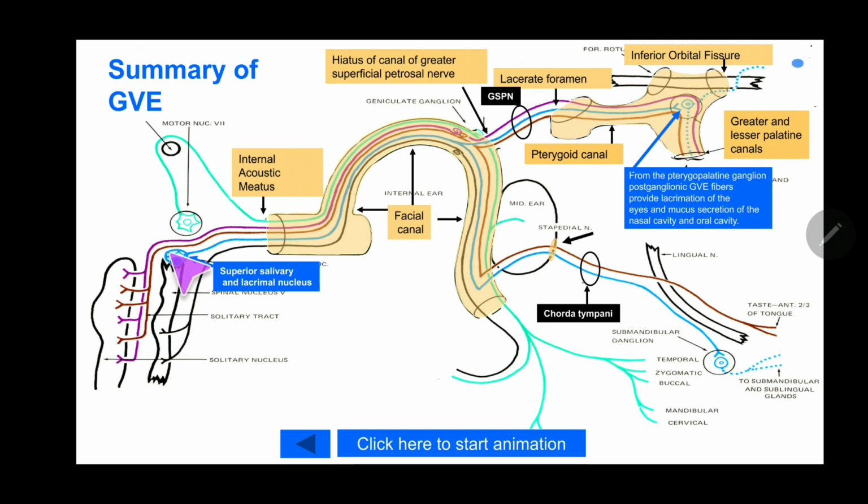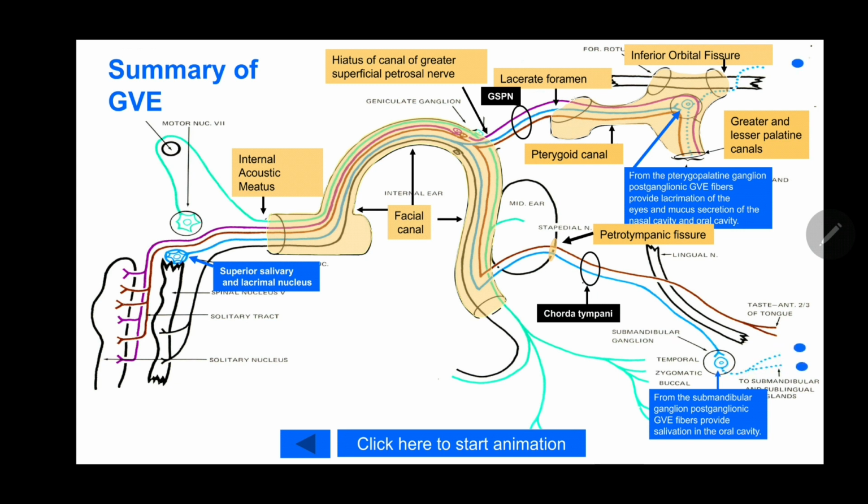Got it? Then the impulse again starting here, these impulses will run along the chorda tympani and will cause secretions from the submandibular and sublingual salivary glands. Okay.